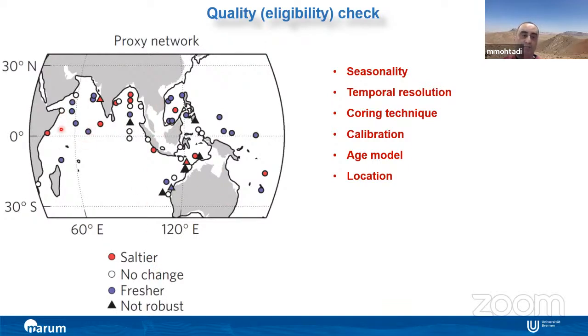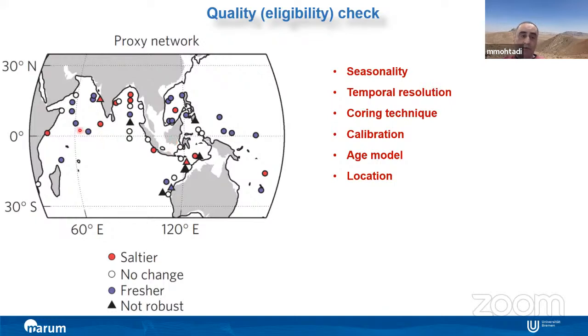The issue is that many of these records from the Western Indian Ocean are on proxy carriers that occur seasonally. So it's a seasonal signal in the Western Indian Ocean. But those proxy carriers in the Eastern Indian Ocean are mean annual, more or less, or biased towards the warmer season. So the seasonality is an issue that needs to be taken into account.